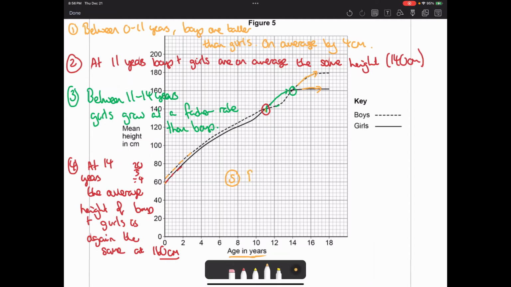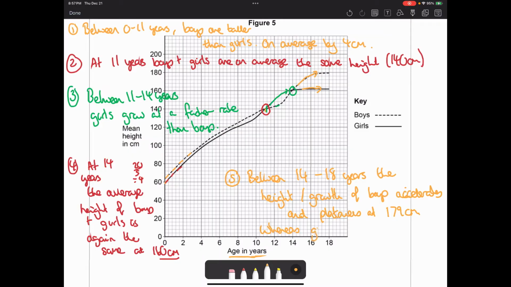Between 14 to 18 years, the growth of boys accelerates and plateaus at 180, or maybe a bit lower, about 179 centimetres.